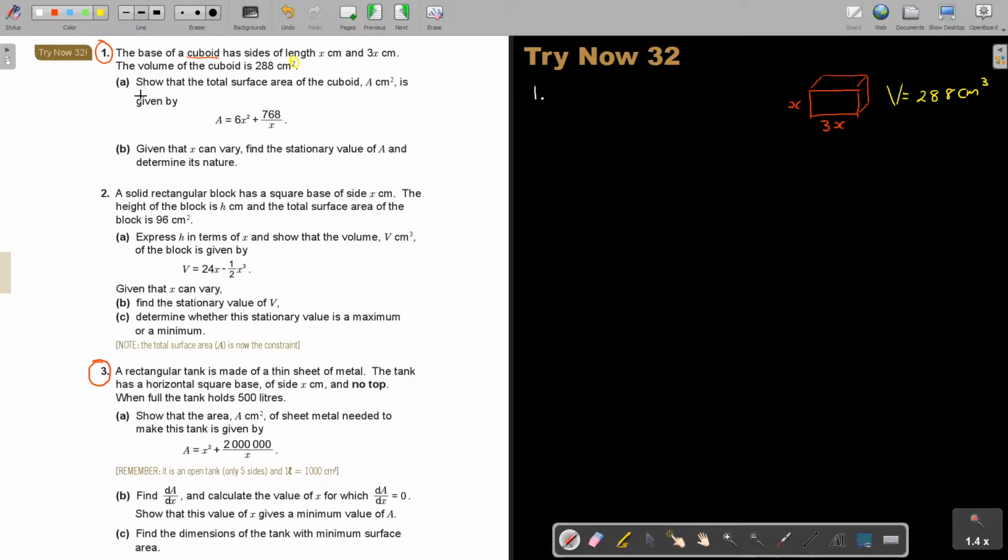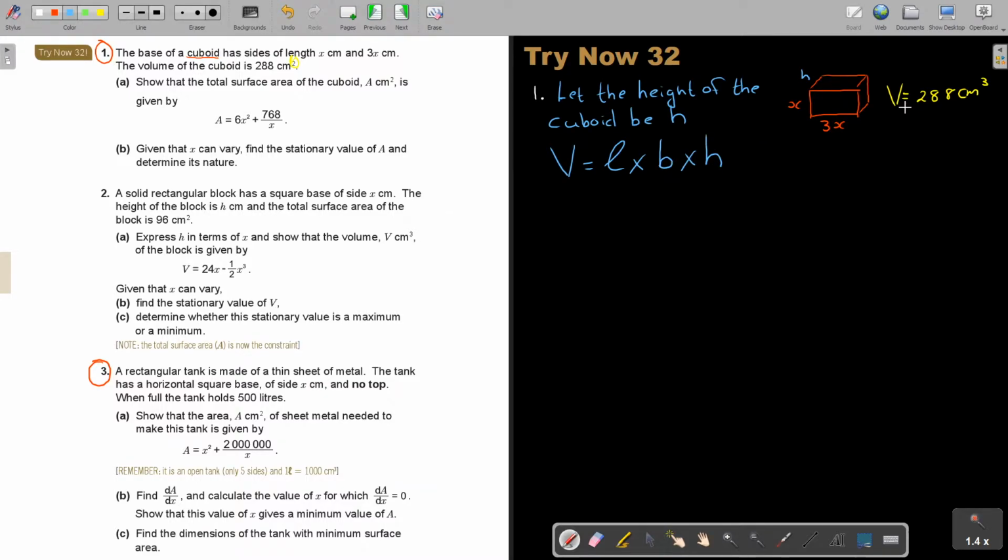Now, show that the total surface area is given by this. Let the height of the cuboid be h. So the volume, what is volume? Volume is length times breadth times h.